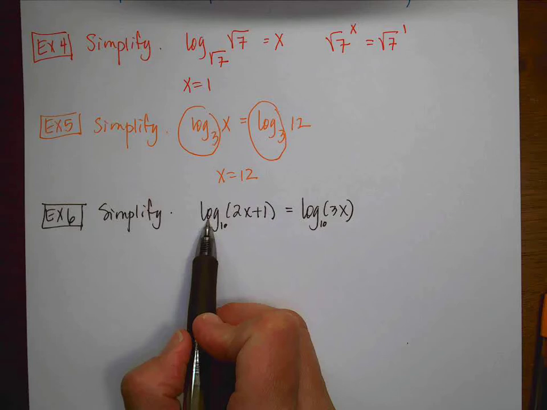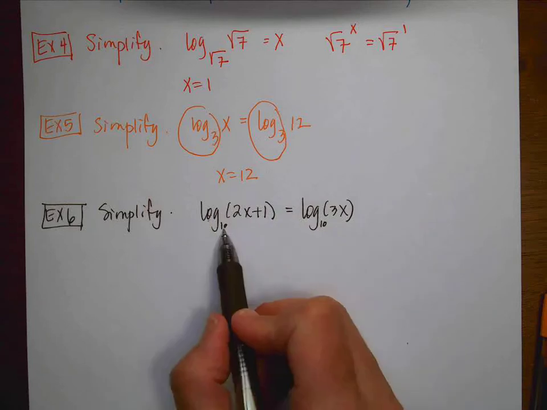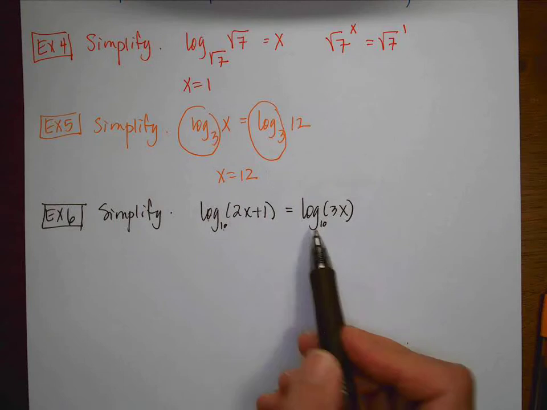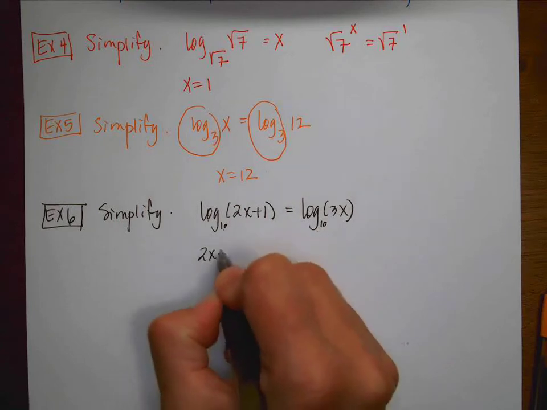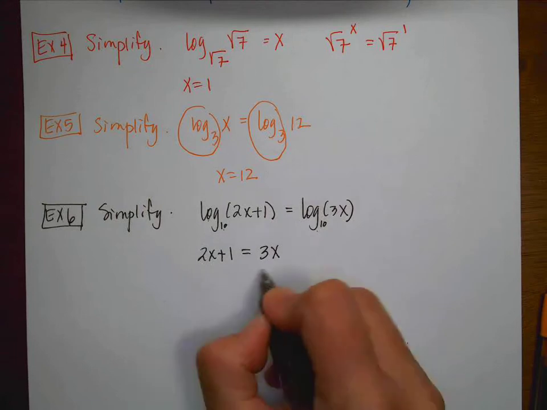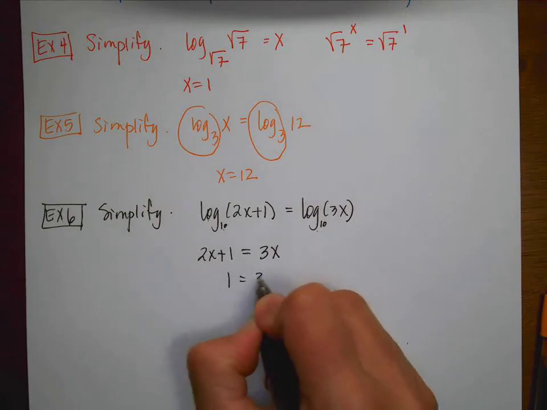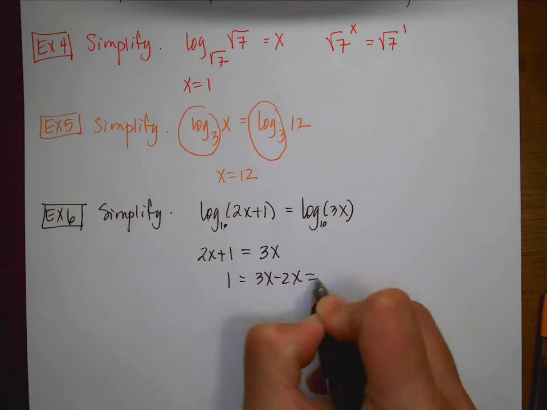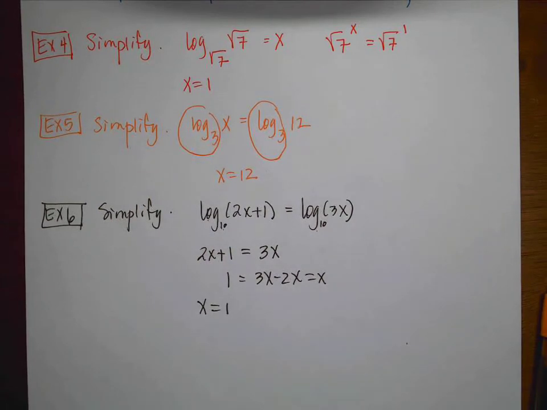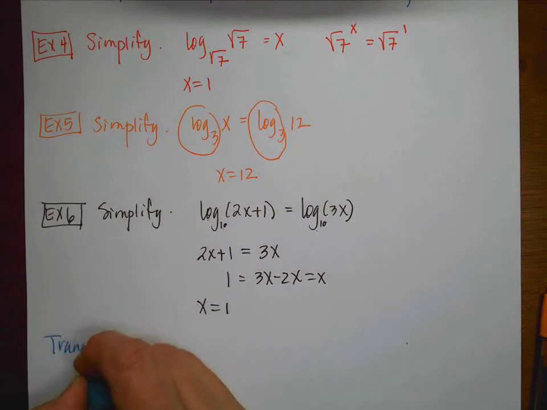If the 10 is not written, it's assumed, because that's what a standard log is. This is, again, the one-to-one property. The logs are the same on both sides, therefore they go away. And I get 2x plus 1 is equal to 3x. Then 1 is equal to 3x minus 2x, which is x, and therefore x is equal to 1. That was nice and easy.